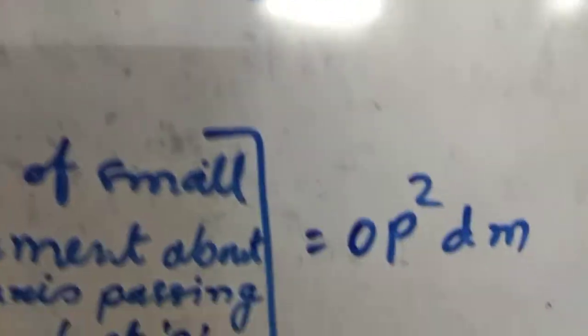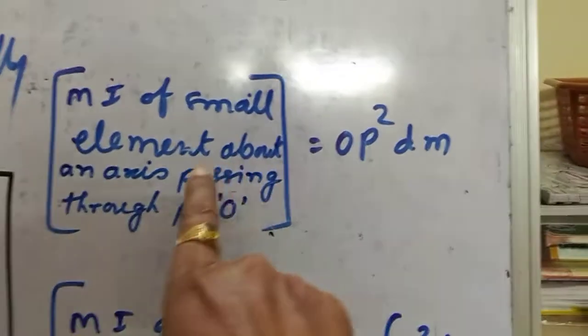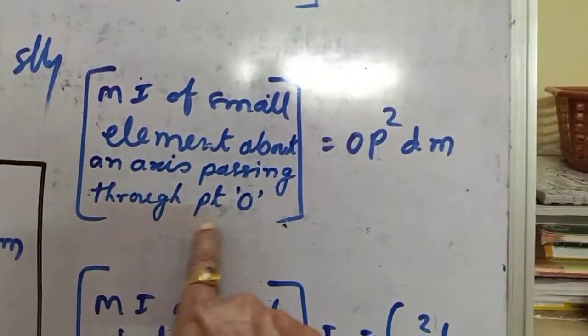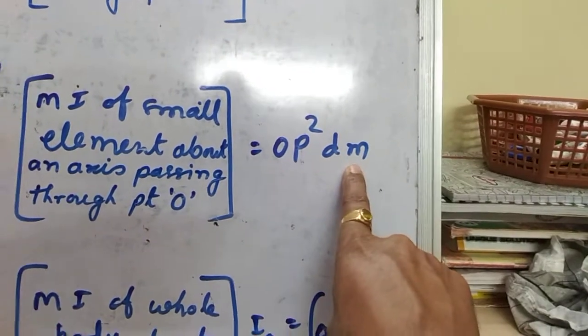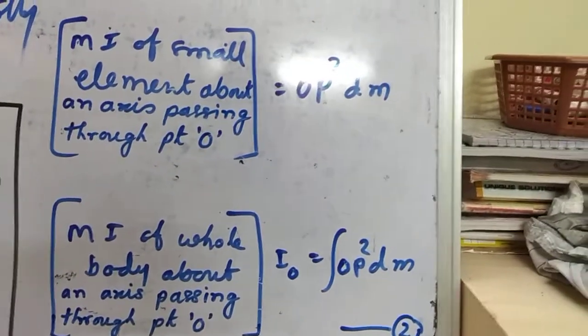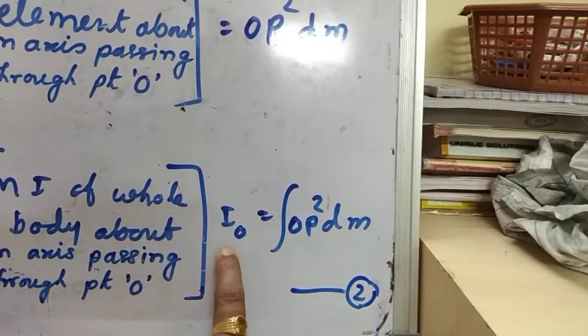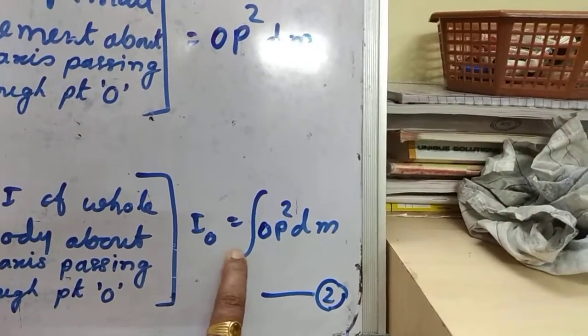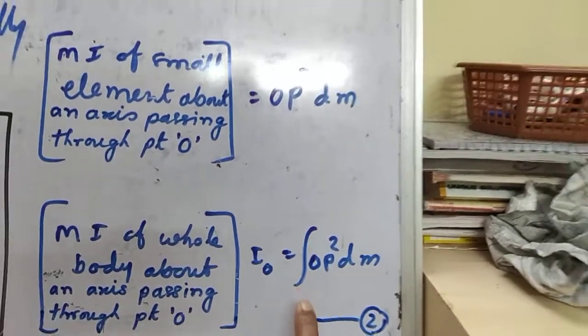Similarly, the moment of inertia of a small element about an axis passing through point O is OP square into dm. Therefore, moment of inertia of whole body about an axis passing through point O is represented by IO, equal to integration of OP square into dm, equation number 2.